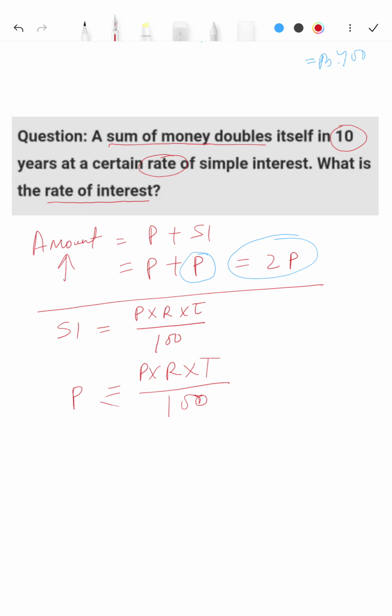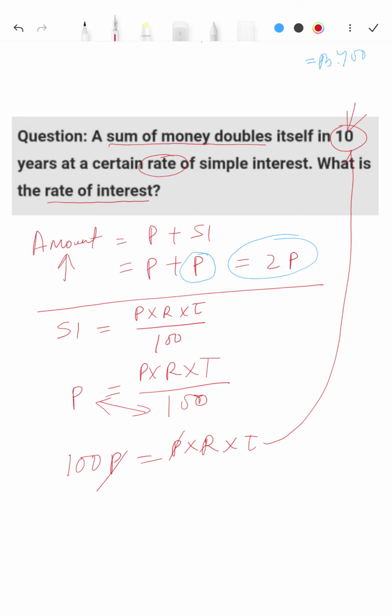Cross multiply. Here we have 100P equals P into R into T. As a rule, if the variables or numbers on the right-hand side and left-hand side are equal, they get cancelled. And T, as we have here, is equal to 10.